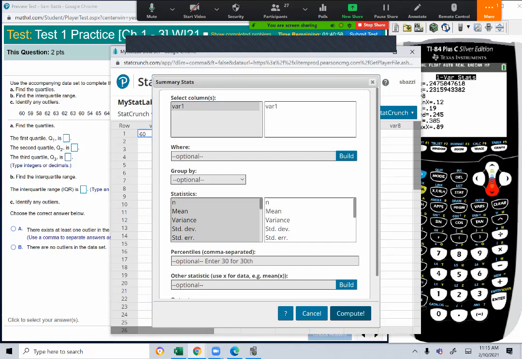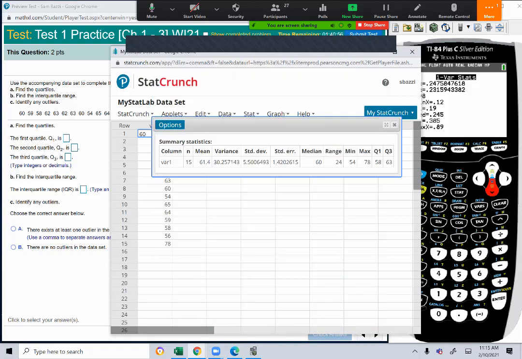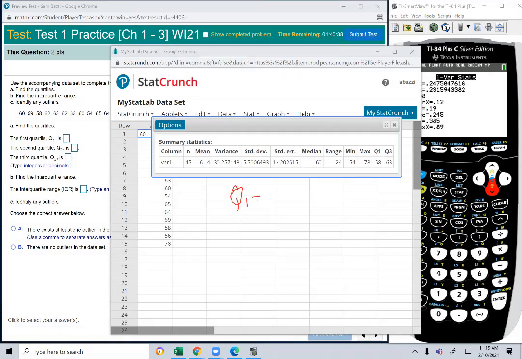All right, so compute. Okay, in order to find the outliers, what do we need? We need a Q1, we need a Q3. So Q1 is 58 and Q3, unfortunately, I don't know why the stylus is not working as it should.